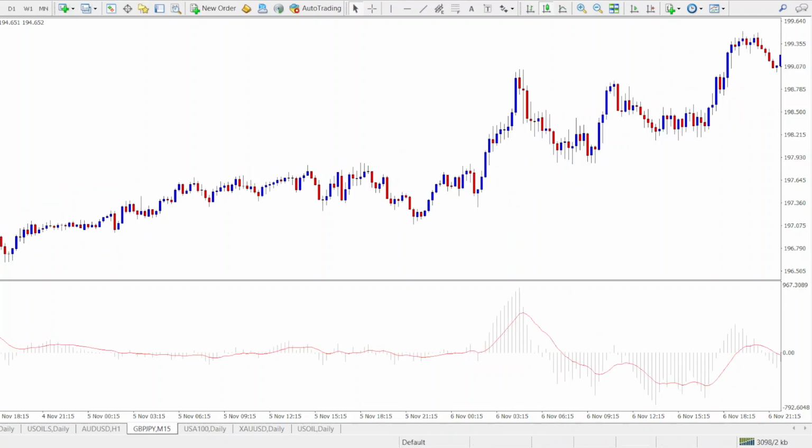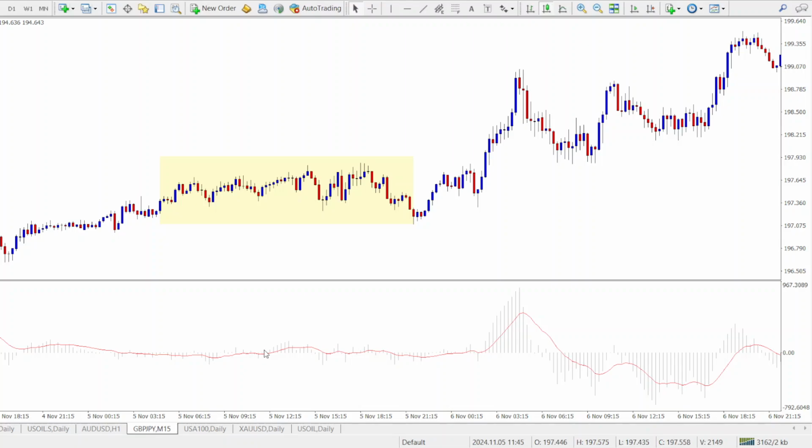Okay, for example, we can see that we had a consolidation around here. We had a consolidation around here, right? So if you are making use of this indicator in a consolidation zone, the first thing to note is that the KVO will be moving along the zero level.